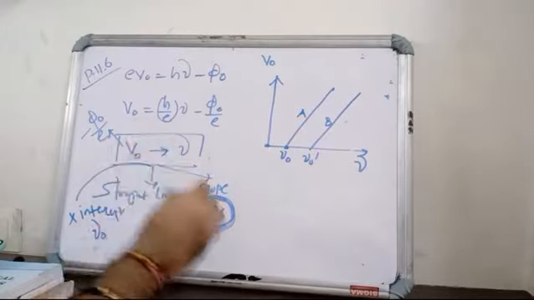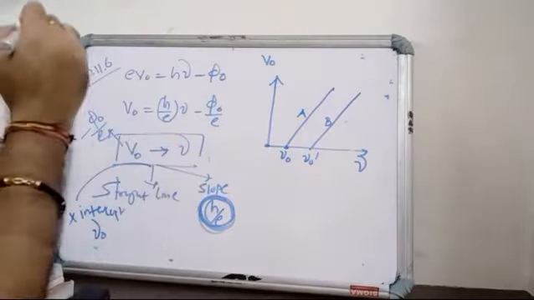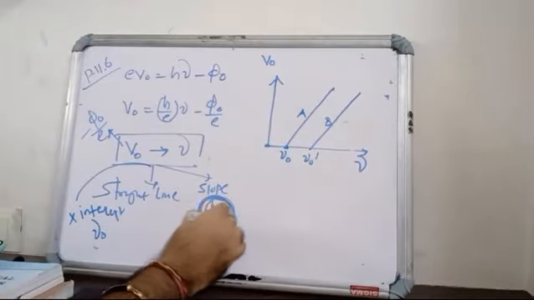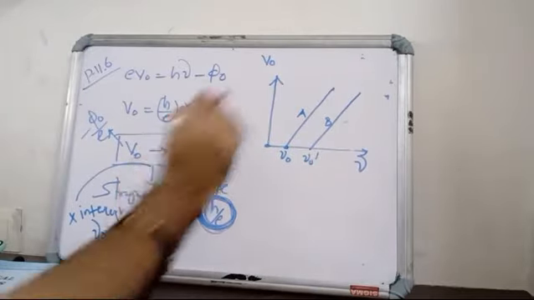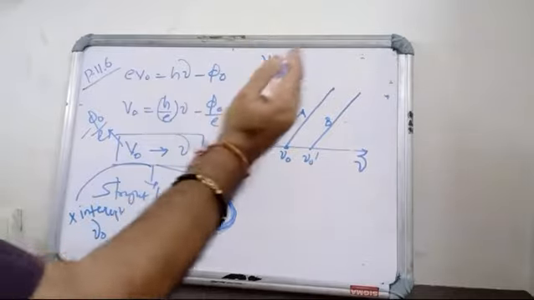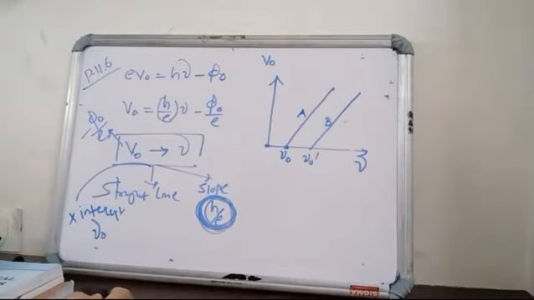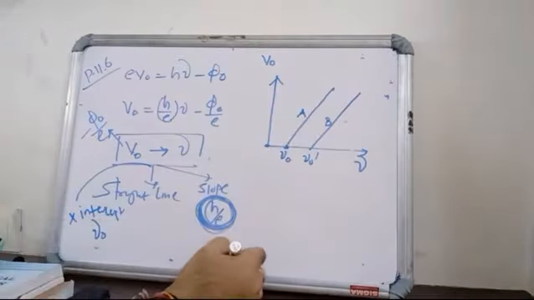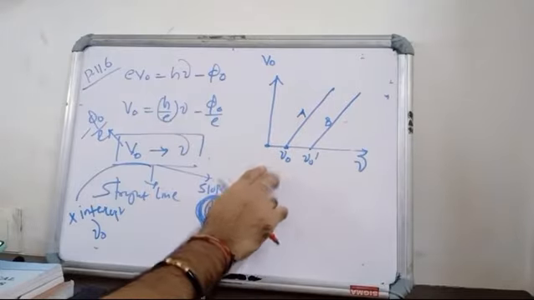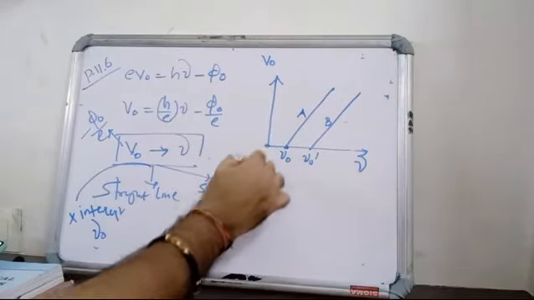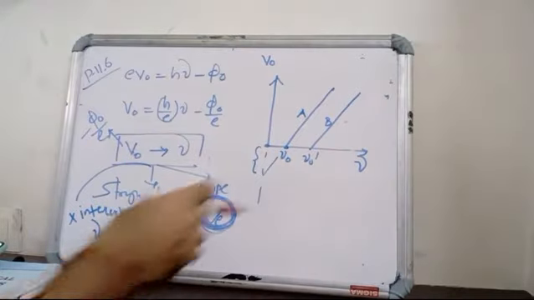So irrespective of the emitter metal, the slope is the same, h by e. So all the graphs are parallel, right? This is for metal A, this is for metal B. Here the slope is h by e, the x-intercept gives you the threshold frequency, and the hypothetical y-intercept is minus phi 0 by e.